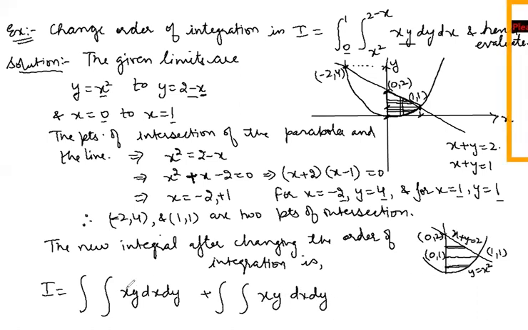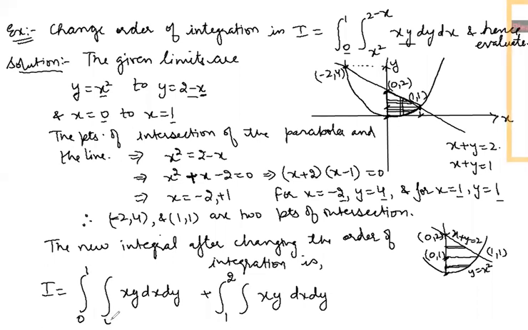Now see, for the first region here y is changing from 0 to 1. Okay. In the second region y is changing from 1 to 2. Then I have x changing from the y-axis to the parabola. The equation of the y-axis is 0.